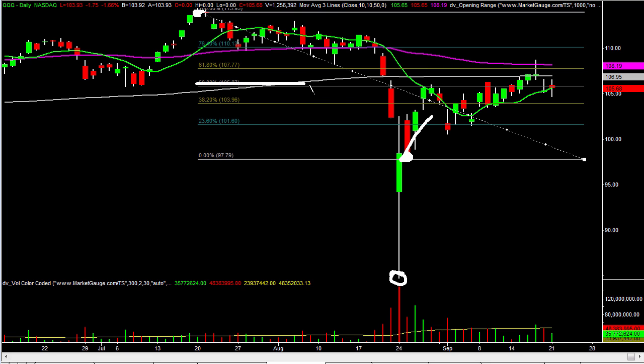In so many of the indexes and sectors, if you look at where the market is trading relative to that 50% level, it's been consolidating or hitting its head on that 50% level.